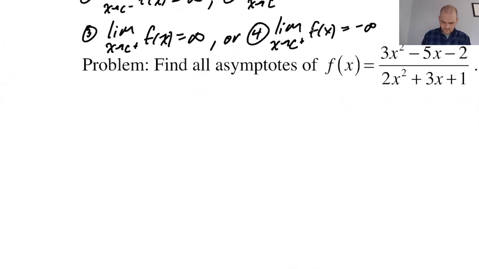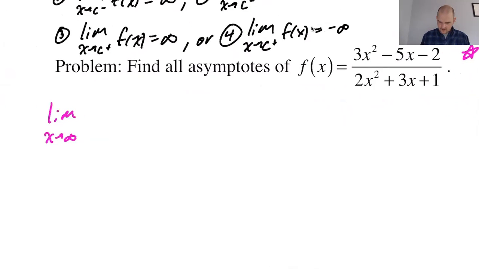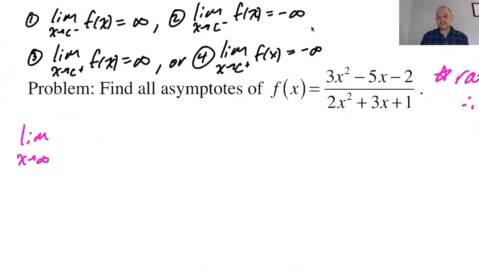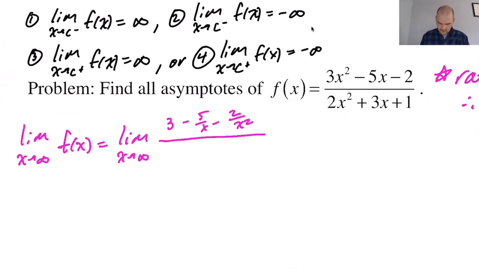So the limit as x approaches infinity of, so divide through by the highest power of x in the denominator. So f of x is going to be the limit as x approaches infinity of 3 minus 5 over x minus 2 over x squared all over 2 plus 3 over x plus 1 over x squared, which a lot of those go to 0, and we're just left with 3 halves.